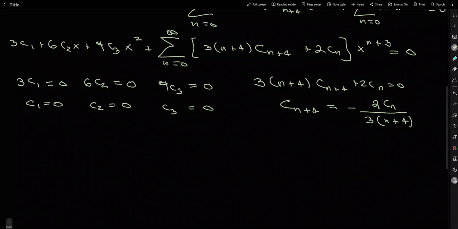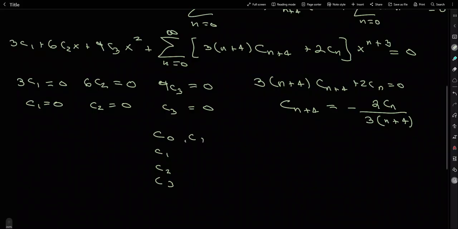What are those 4 independent chains? Well, let me set them up for you. The one for c sub 0, c sub 1, c sub 2, and c sub 3. Each of these 4 c's is going to generate its own chain. So to generate the chains, add 4 to every single subscript.